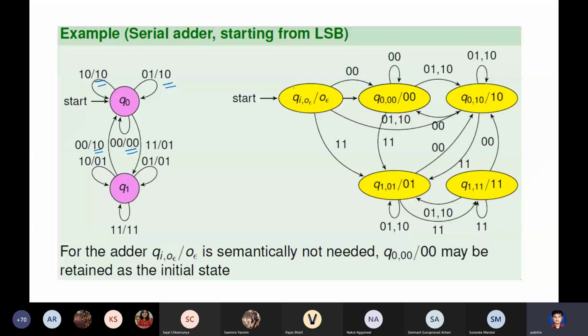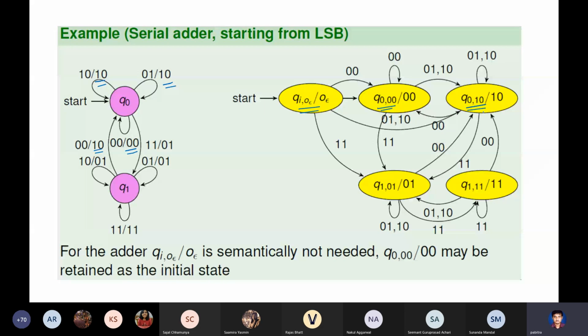Let's look at this. Forget about the start state. Let's look at the other two. Because there are two outputs possible when you transition to Q naught, 0, 0 and 1, 0, I have split it into two states: Q naught 0, 0 and Q naught 1, 0.